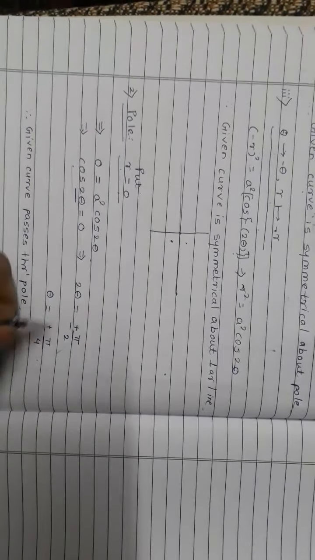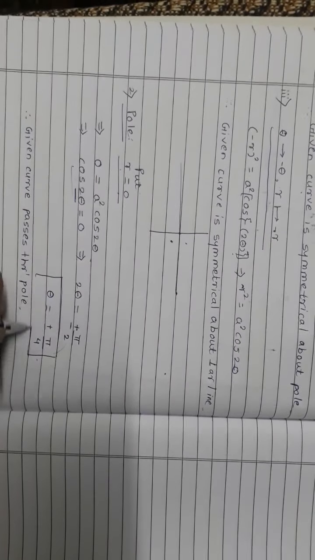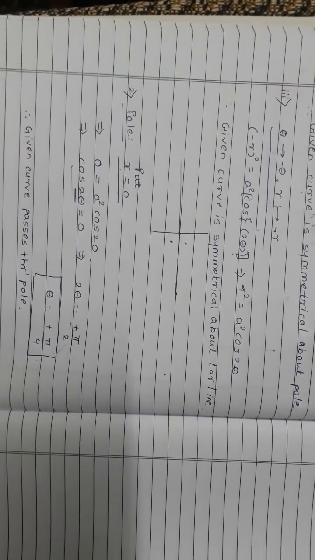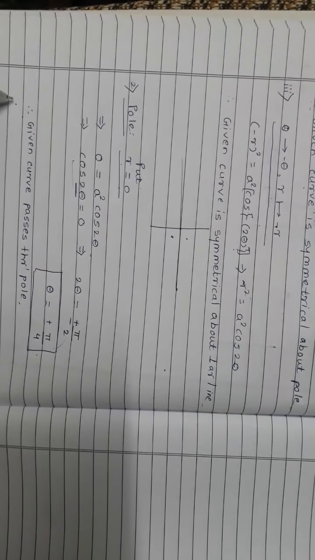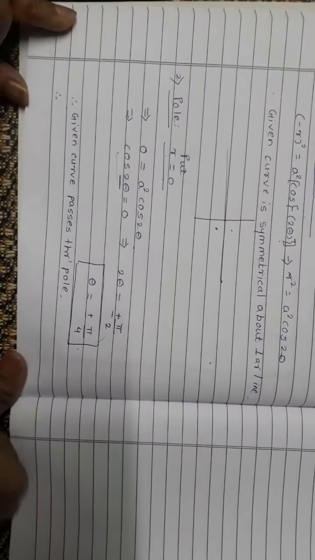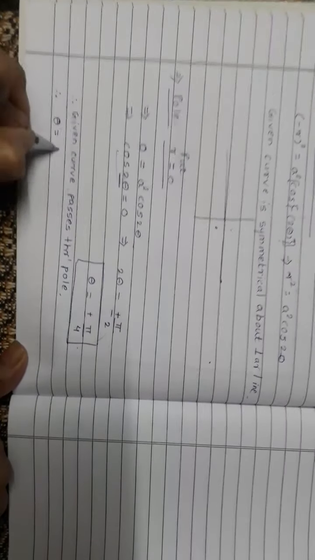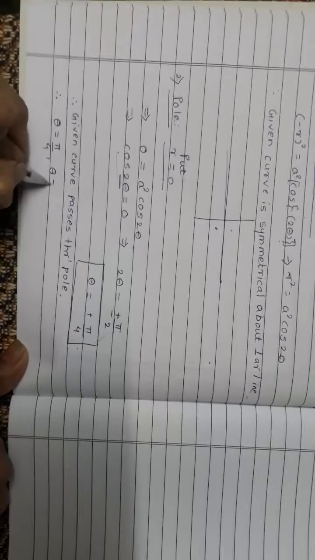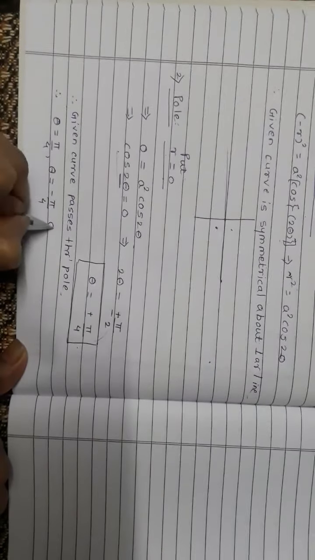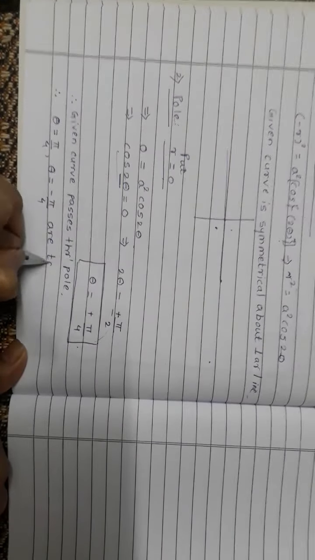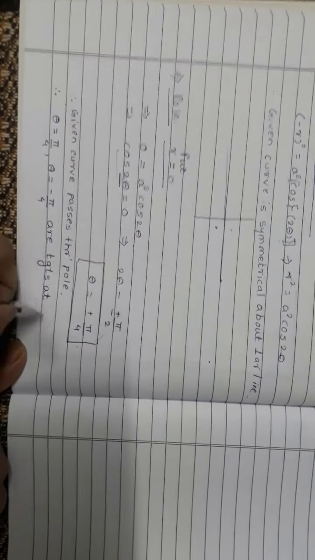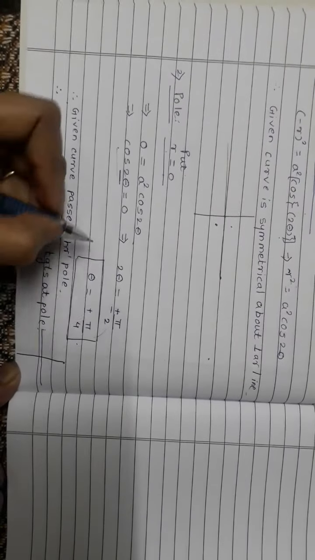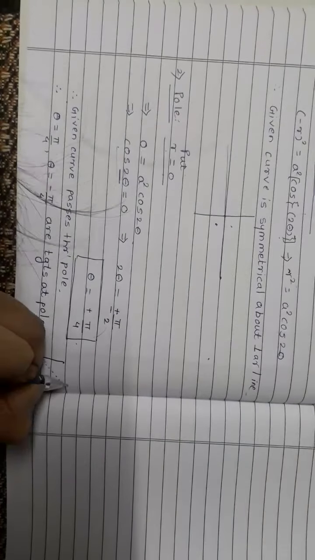One more piece of information from this equation is that these are the tangents at the pole. So theta is equal to pi by 4 and theta equal to minus pi by 4 are the tangents at the pole. See, this is your theta is equal to pi by 4 line.